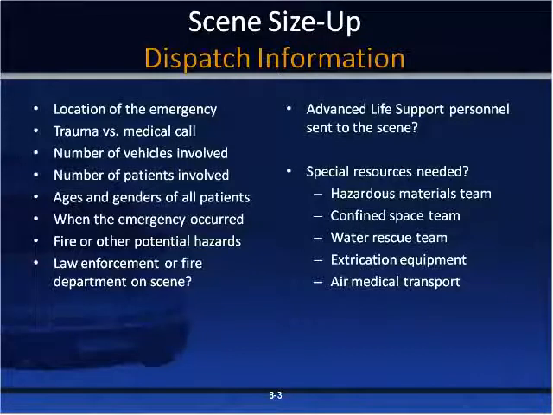If law enforcement or fire department personnel are on the scene, if advanced life support personnel have been sent to the scene, if special resources will be required, such as hazardous material teams, confined space teams, water rescue teams, extrication equipment, or air medical transport.